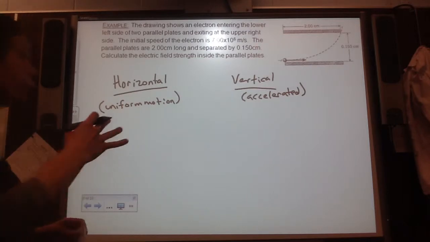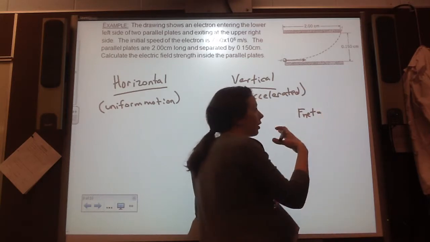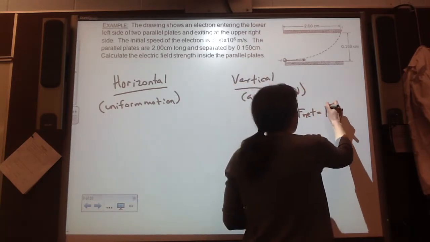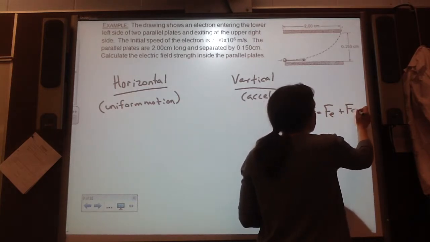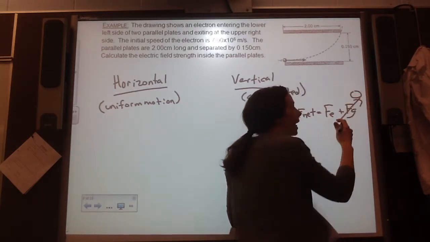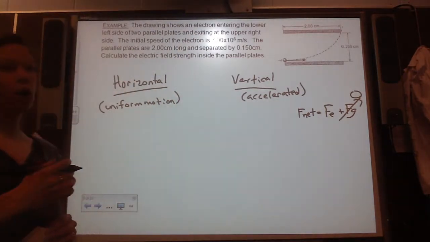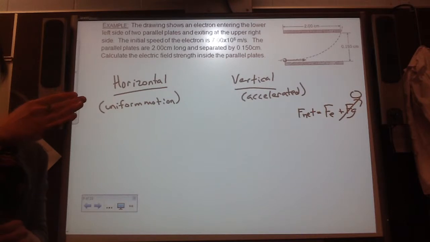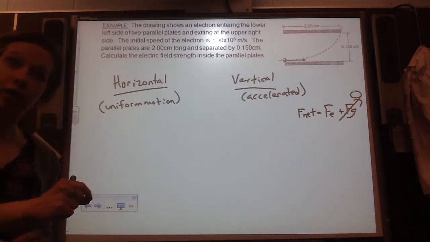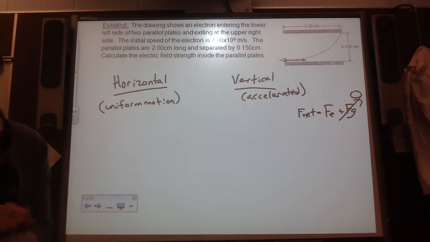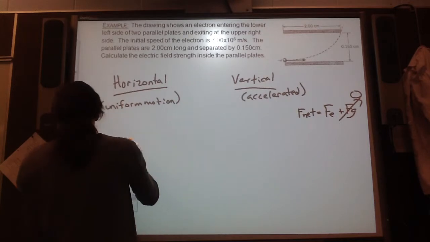So when we think of F net, the forces acting on this are Fe, our electric force, and Fg, but it's negligible because it's so small. So if you need to use F net equals m times a, you assume that your electric force is your F net for these small subatomic particles.